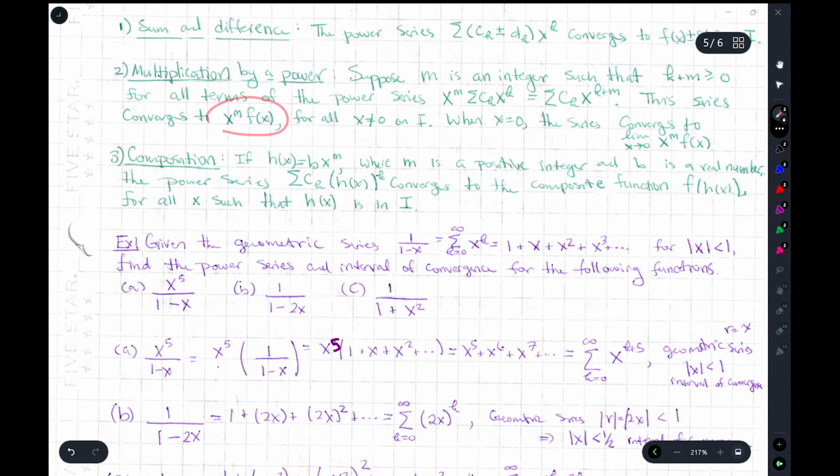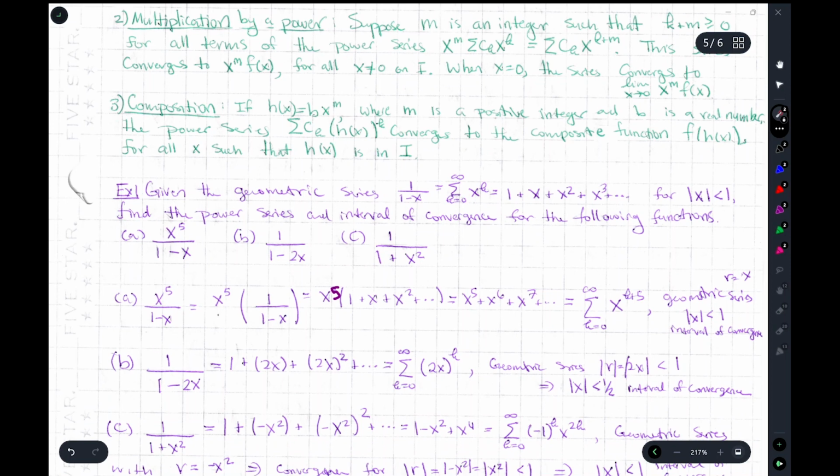This series does converge to x^5 over 1 minus x, and so we can write the power series for this new function as that. And this geometric series, we didn't change anything significant with the geometric series, so we get the same interval of convergence.